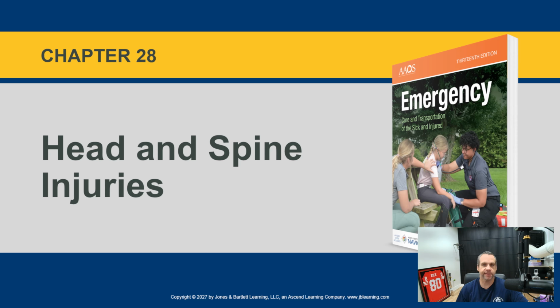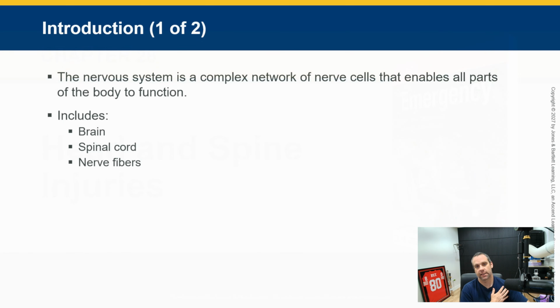Okay. So we're going to begin this with some basic anatomy review and then connect that foundation to common injury patterns, your patient assessment, and then finally, what emergency care interventions you can provide and what transport decisions there are to be had. Now, the nervous system itself is the body's communication and control system, right?